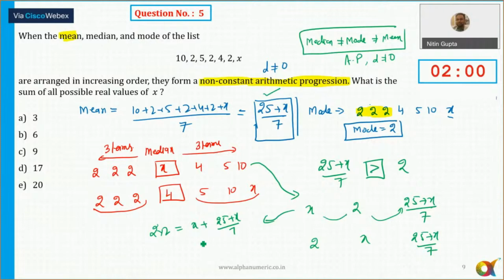If you solve this equation, what will I get? 4 equals (25 + x)/7, hmm, 7 fours are 28, so I'll get 28 equal to 8x plus 25, and from here I'll get x equal to 3 by 8. But x should have been greater than 2, right? So it means this first case is not at all possible. Is that clear to all of you?